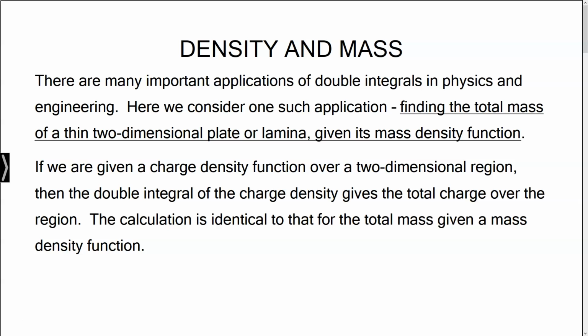So the idea behind this is a very common problem in physics. It's if you have a distribution of something, and the two typical examples given are mass distributed across either a two-dimensional plate or three-dimensional region in space, and you have a density function. So it tells you the instantaneous density at a point.